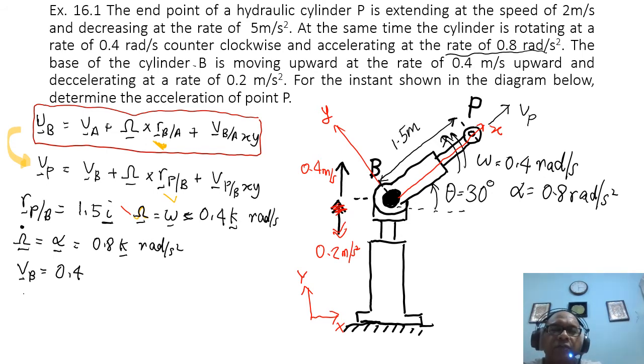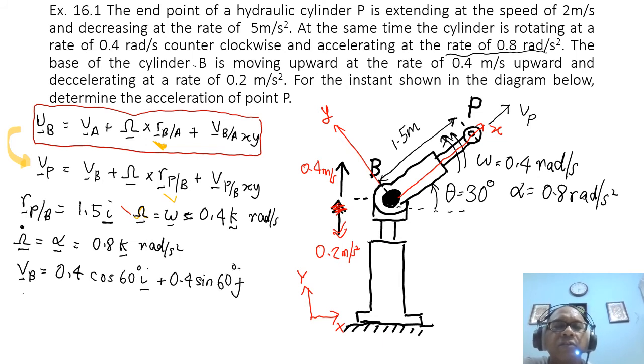We will have to find the I and J components. So it is 0.4 cos 60 degree I plus 0.4 sine 60 degree J.